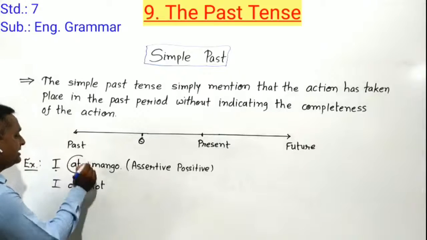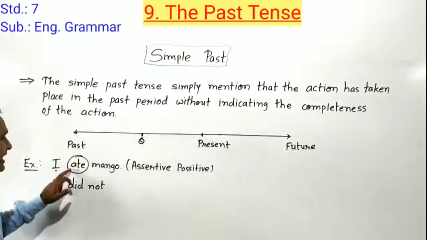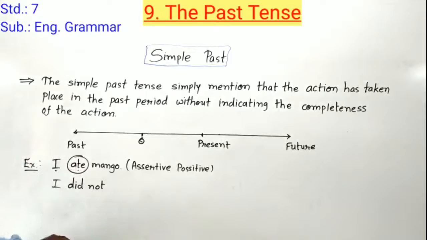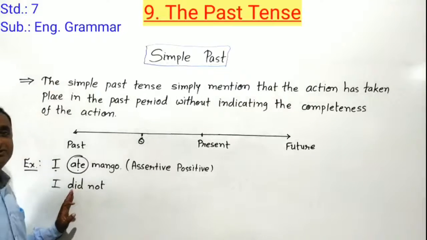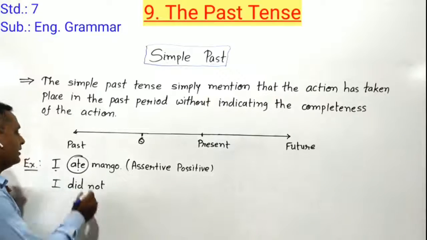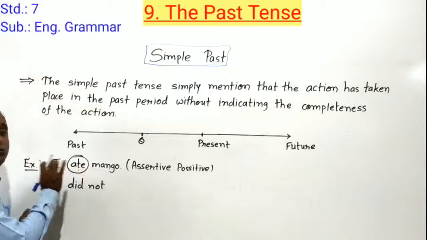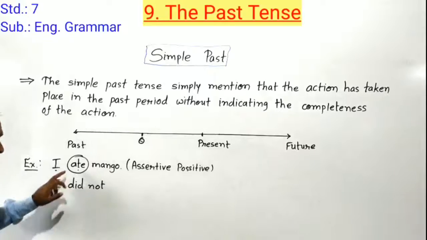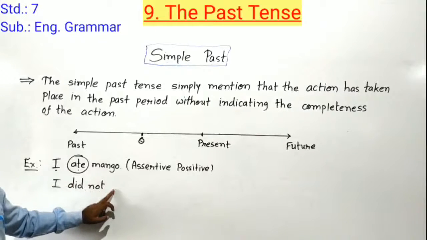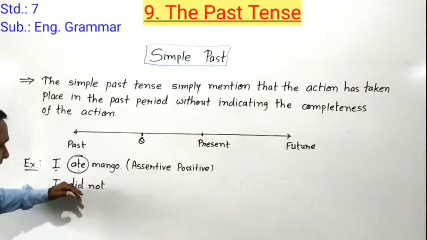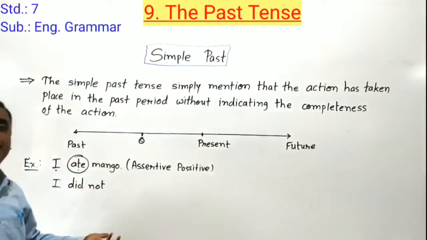Here the verb is given in V2 form, ate. If did exists in a sentence, then we have to compulsorily convert the verb into V1 form. With did we have to use only V1 form. If we remove did, then it goes back to V2 form.